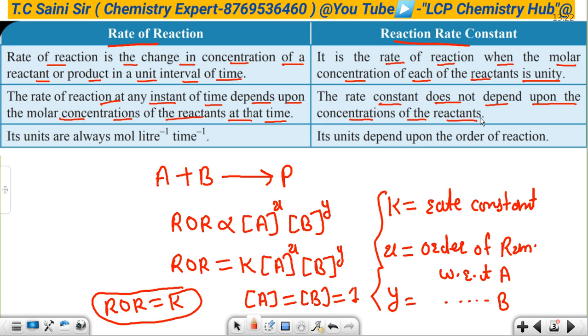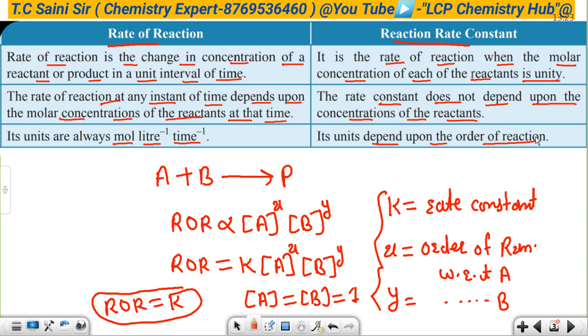The third major difference between rate of reaction and reaction rate constant is the unit. The unit of rate of reaction is always the same, that is mole per liter per time. But the unit of rate constant depends upon the order of reaction.